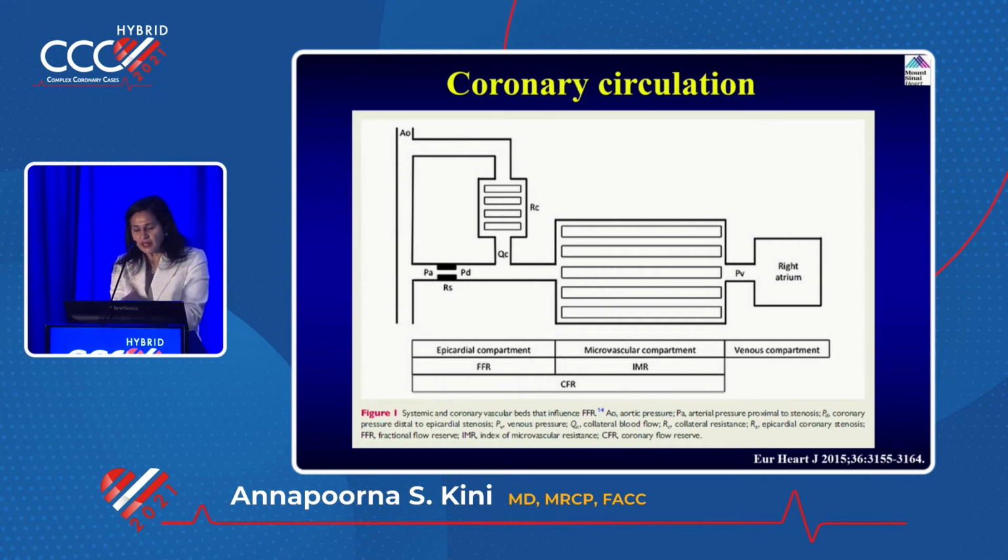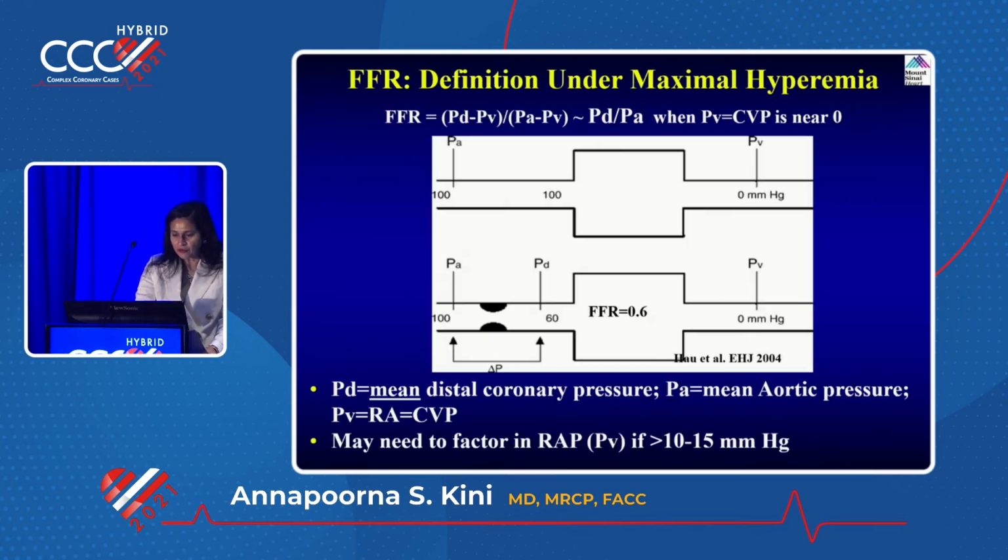Further they have divided a lot of things that hopefully will come later. So FFR is PD over PA. You see that? This is what you need to know. And what is the usual FFR number? Anything less than that is significant, right?